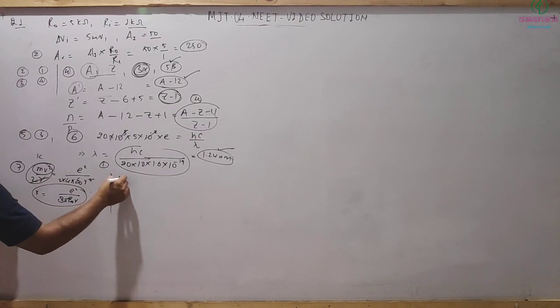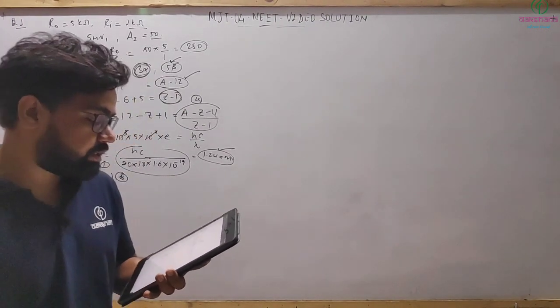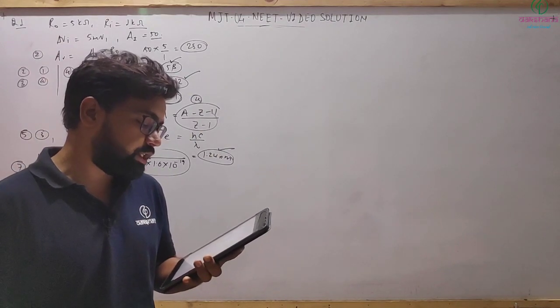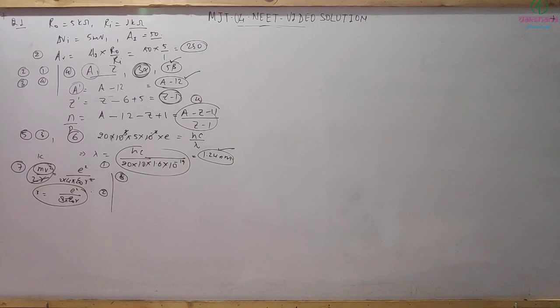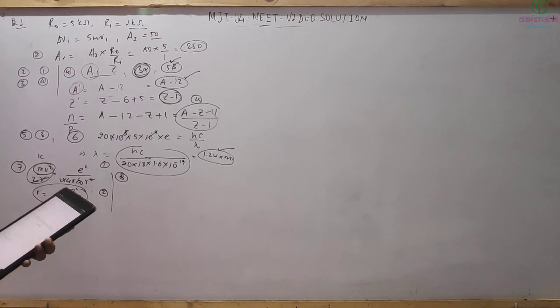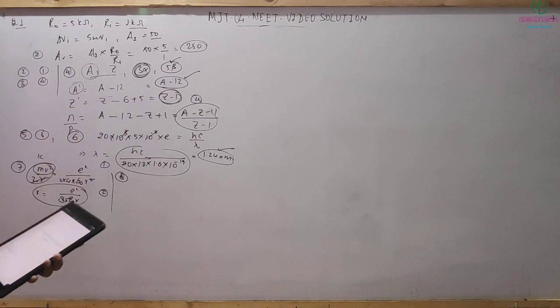Next, question number 8. When a certain metal surface is illuminated with light of frequency nu, the stopping potential for the photoelectric current is V0, and when the same surface is illuminated by light of frequency nu by 2, the stopping potential is V0 by 4. Find the threshold frequency for the photoelectric emission.